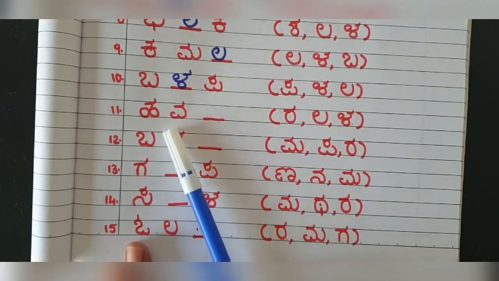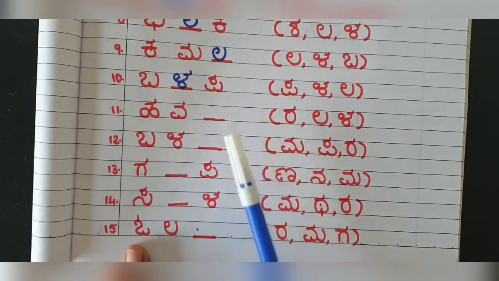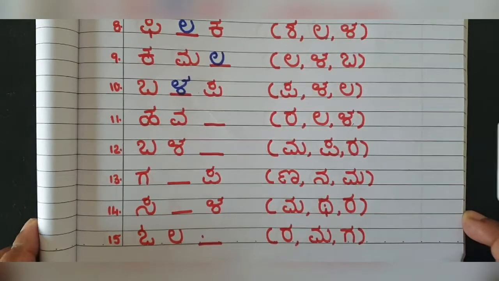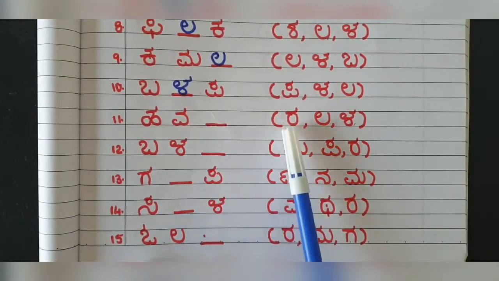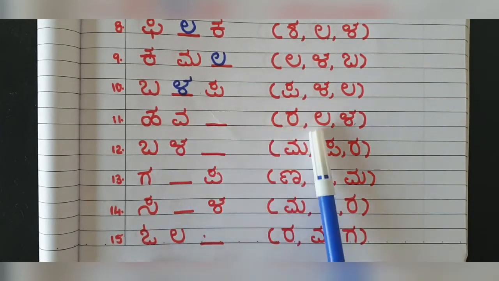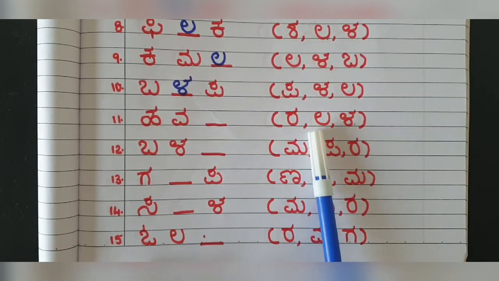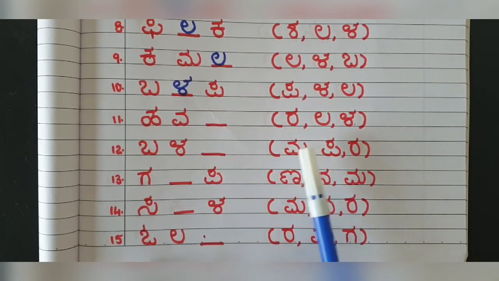So let's go to the next word, which is ha va dash. So let's try with all the letters again. Ha va ra. Doesn't make sense. Ha va la. Yes, we have heard the word havala, but again we have the confusion with the la here.